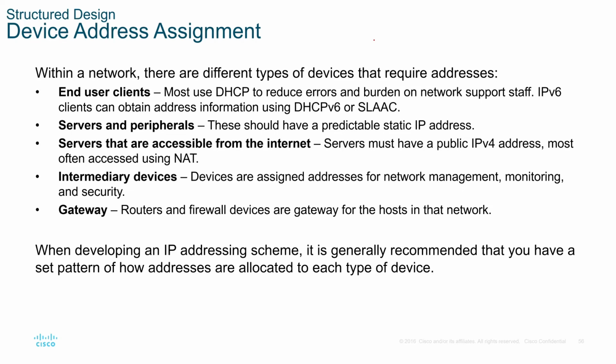And then where should the gateway be? You can make the gateway the very first address in the network, the very last address, or any address in between, as long as it is known which address is the gateway. And it is generally recommended that you have a set pattern of how addresses are allocated.